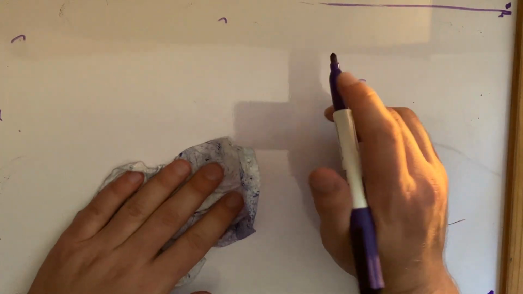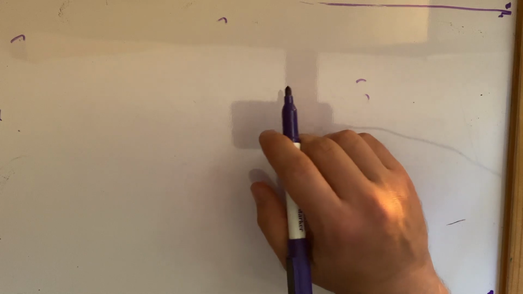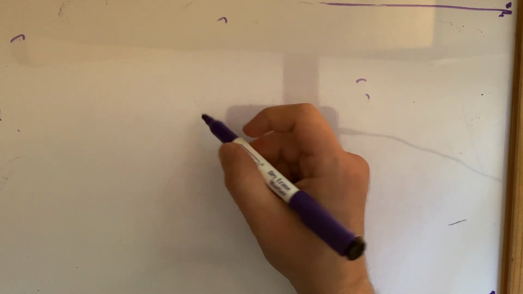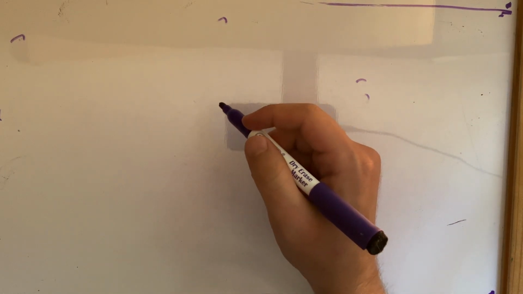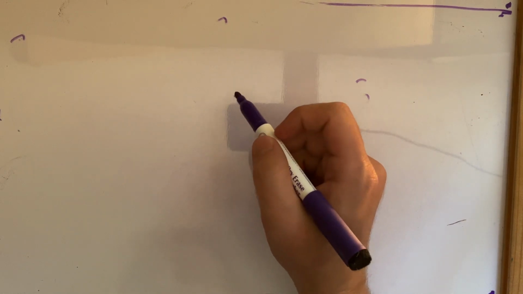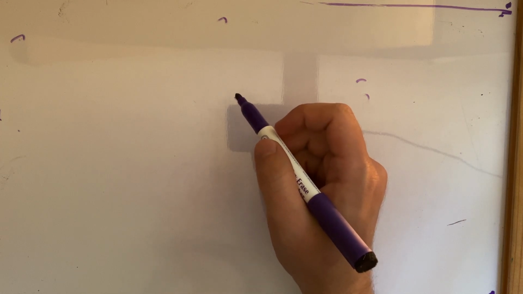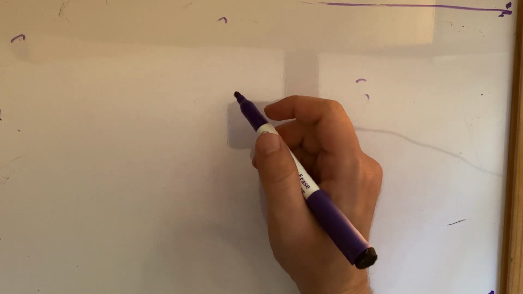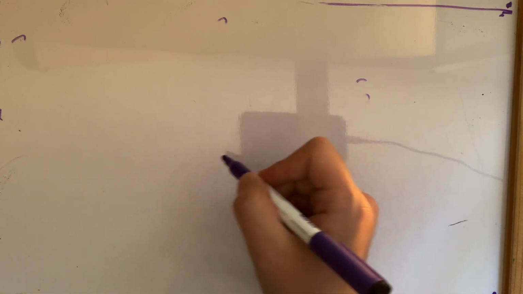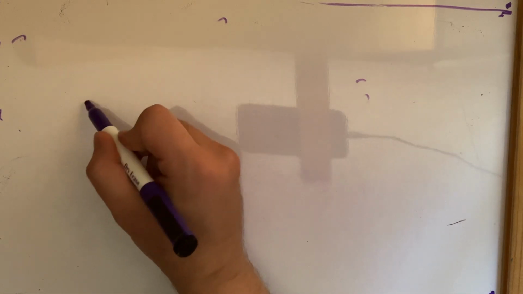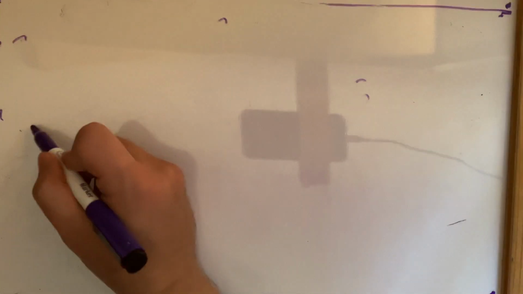Now, the 5 and 7 patterns, they're not as easy. It's kind of weird to explain. I discovered this when I was figuring out my multiples of 5 and 7, 6 or 7 months ago. So let's start with 7.